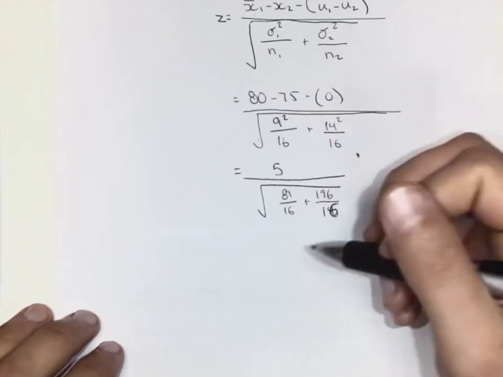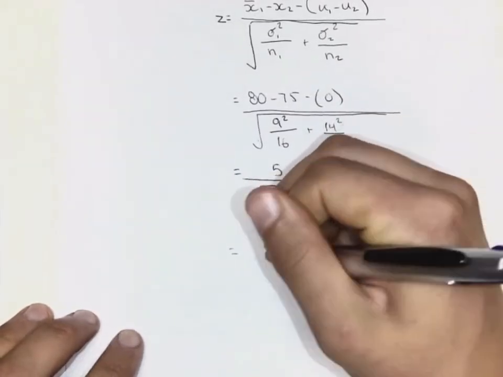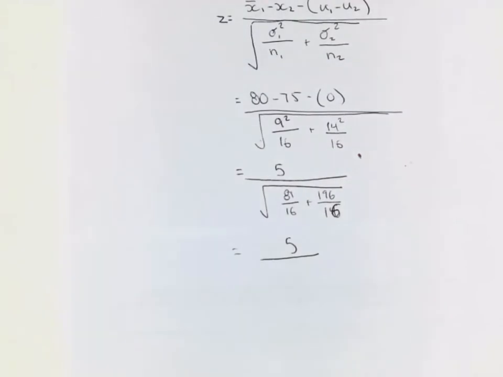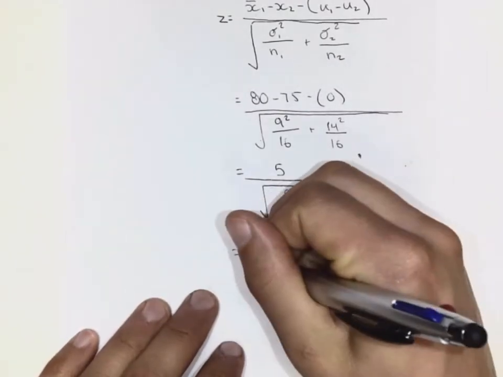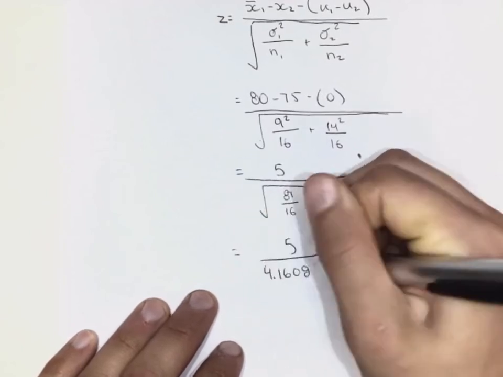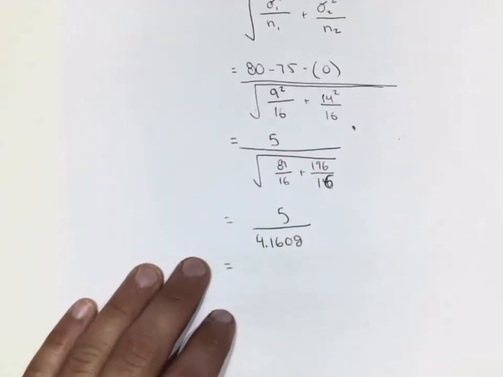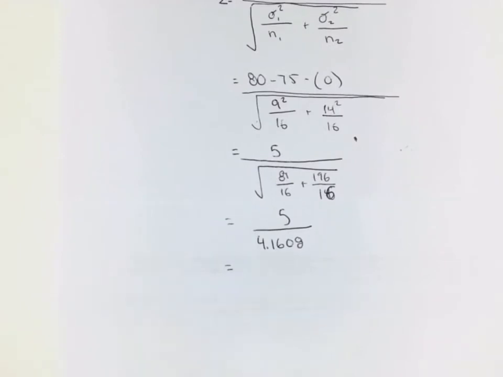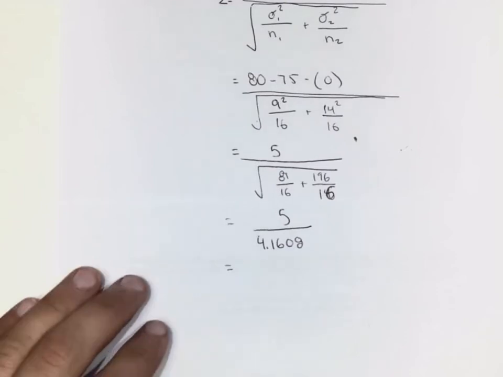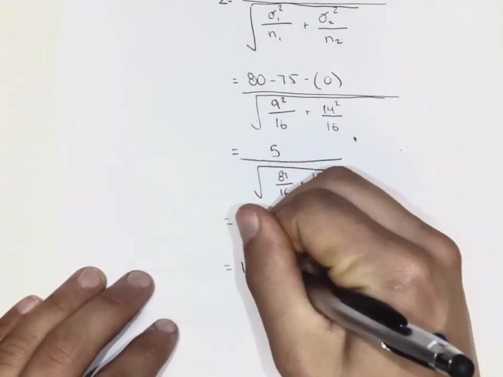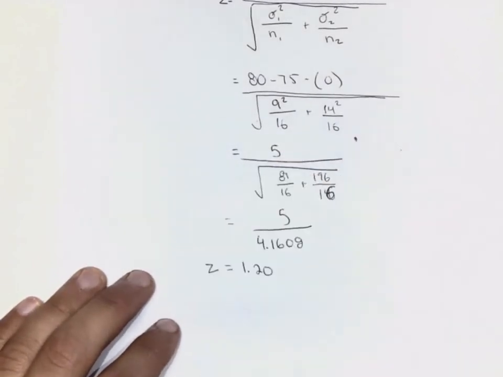In the next step, 81 plus 196 is 277 divided by 16. The square root is 4.1608. Five divided by 4.1608 brings us to 1.20. So we now have a z-score of 1.20.